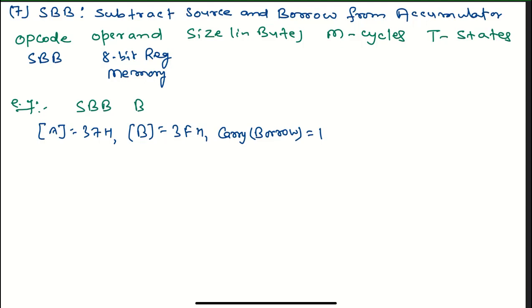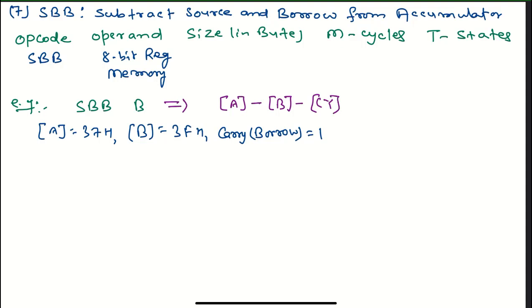So how is the result going to be stored? This is the content of A. From it we subtract the content of B along with the content of the carry flag.